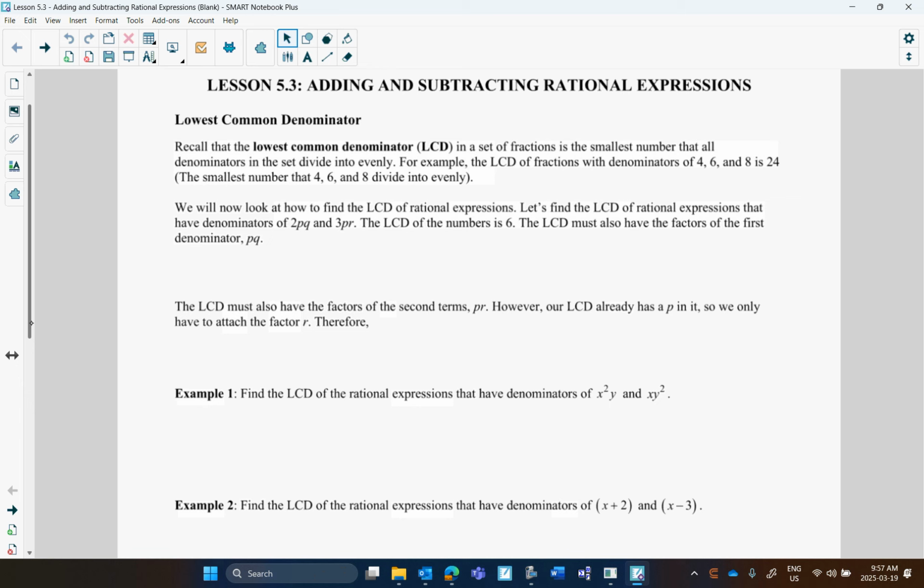So here's how we're going to do it. When I reviewed fractions way back in grade 9, I should have showed you the way that I prefer to do fractions. You don't have to write this down. If I do this, like most of you will do this, and then you get 11/12. Okay?